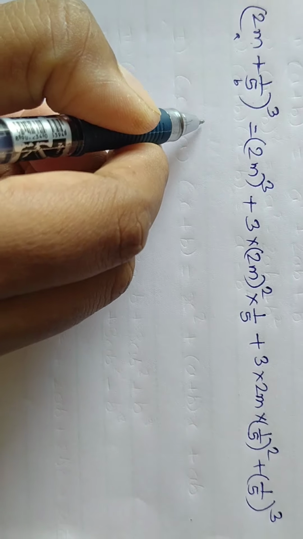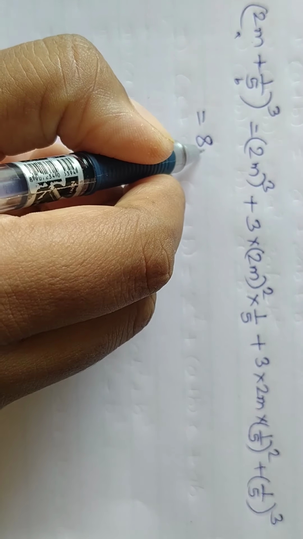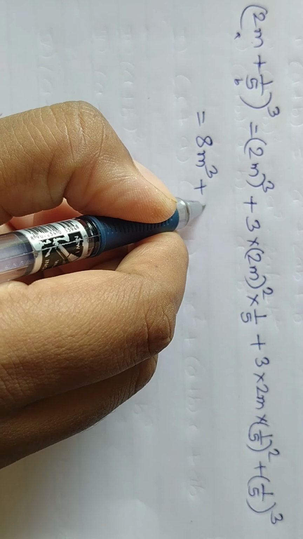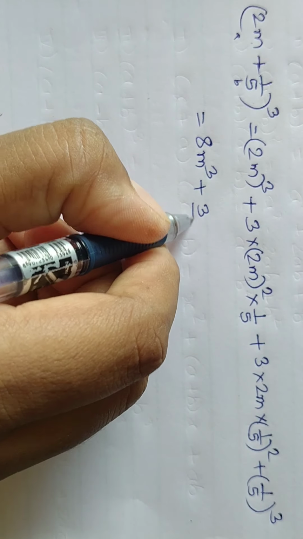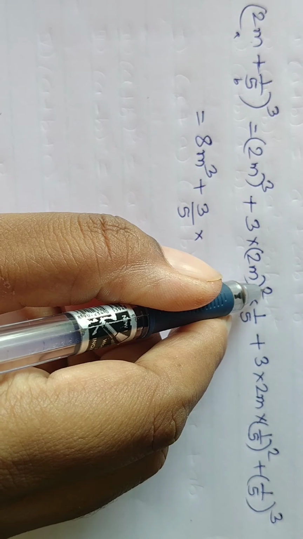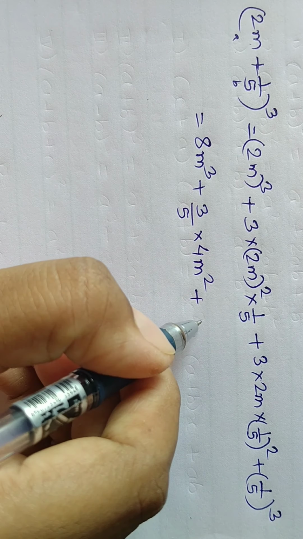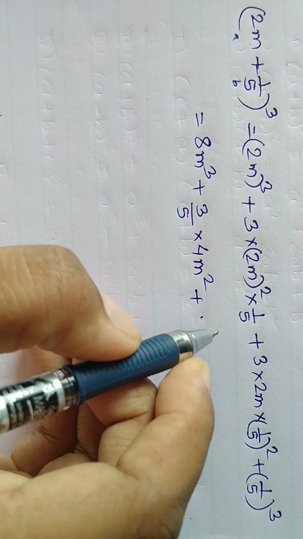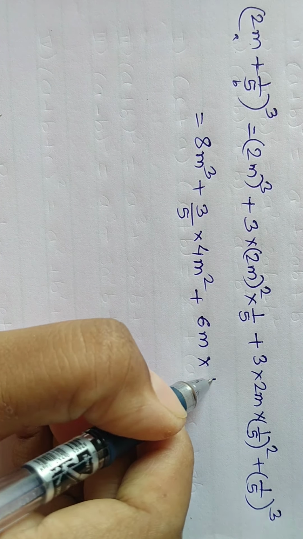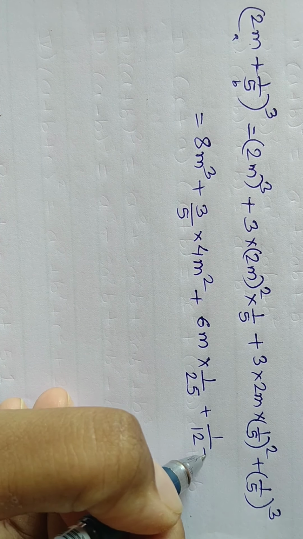Now see, 8 is the cube of 2, 8m cube plus 3, this 5 you can take here, 3/5 into 4m square, plus 3 into 2, 6m into 1/25, plus 1/125.